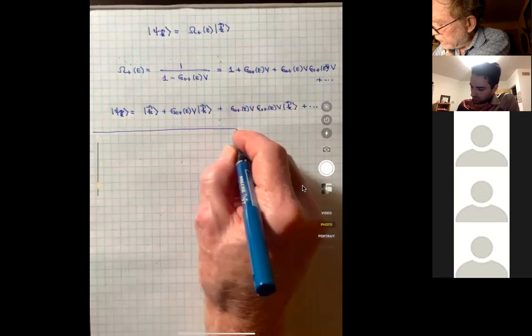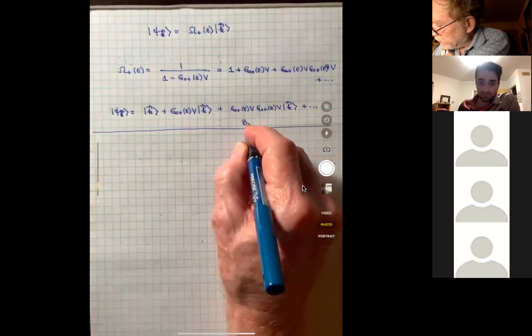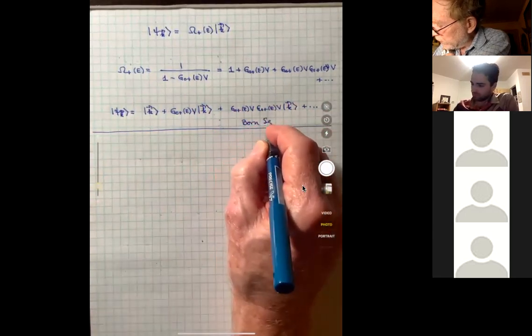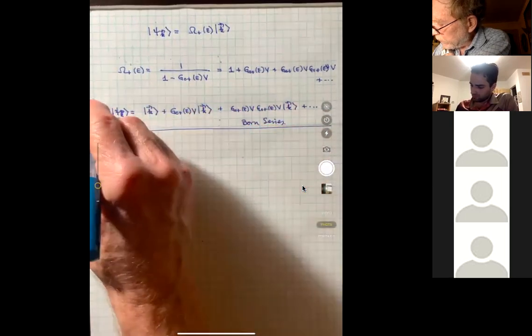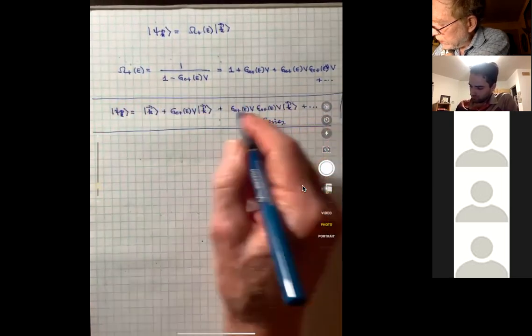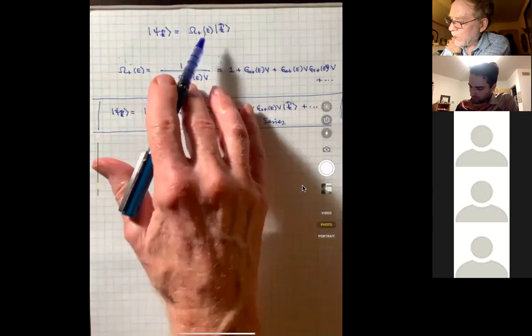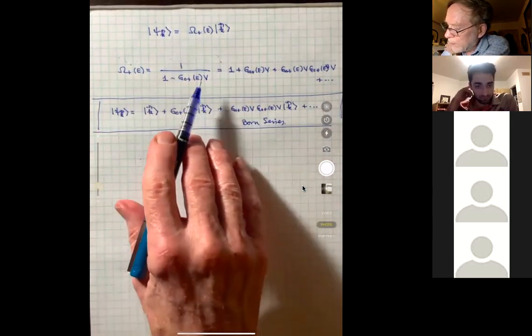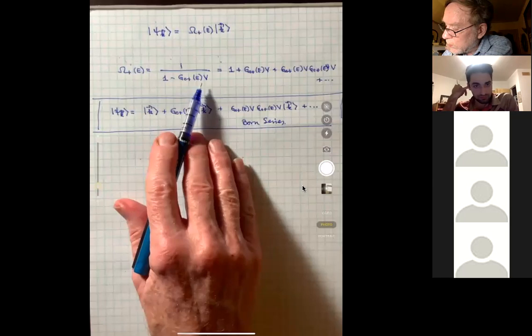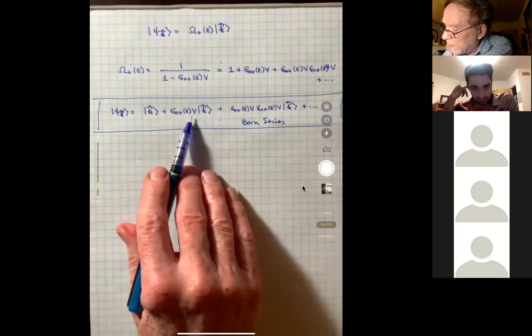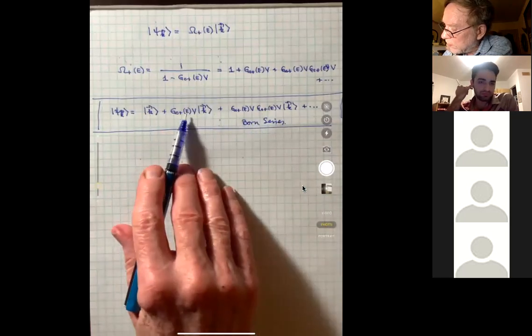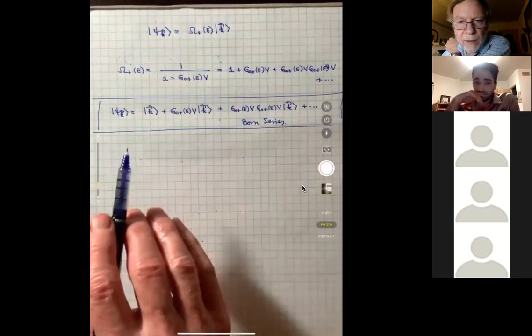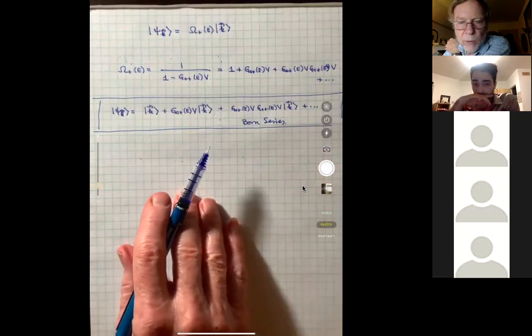And this is the Born series for the scattering solution. It's basically just inverting this omega operator and expanding things. And V is the potential here, so what you're really doing is expanding in powers of the potential. Here it's linear, it's quadratic, and so on. That's the Born series.